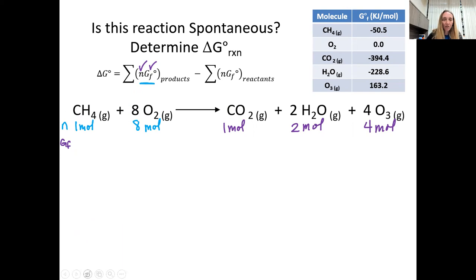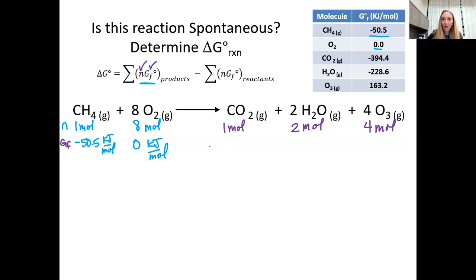And so for the first one, let's get my blue pen out. So CH4, I look up here and it's negative 50.5 kilojoules per mole. Oxygen is 0 kilojoules per mole. And then I go on to my products.